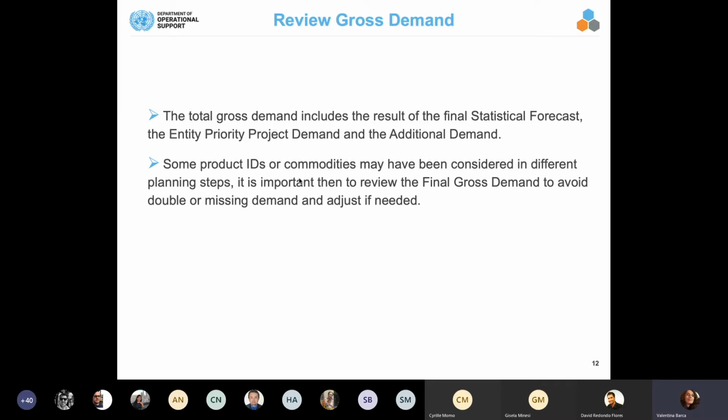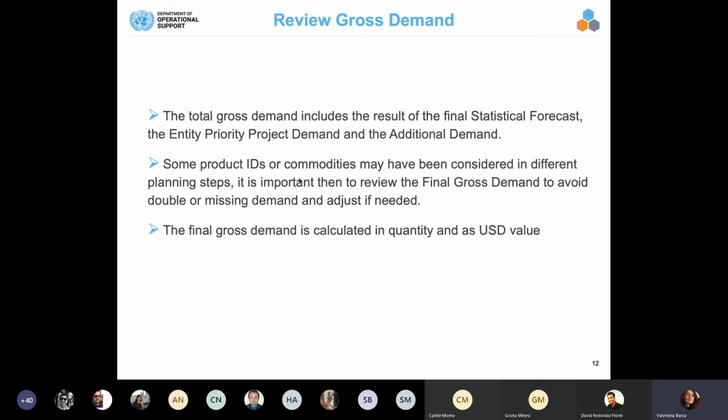Before eventually taking questions and comments on this, let me say that this is basically for adjustment that you might have made for the EPP or for the additional demand.